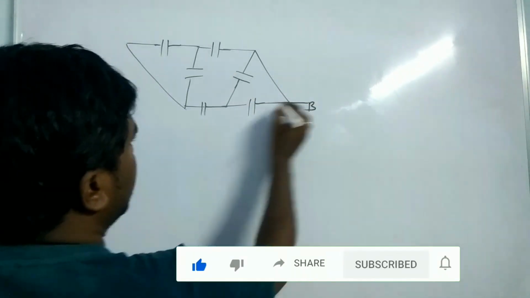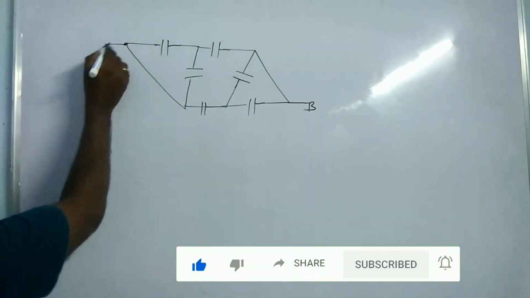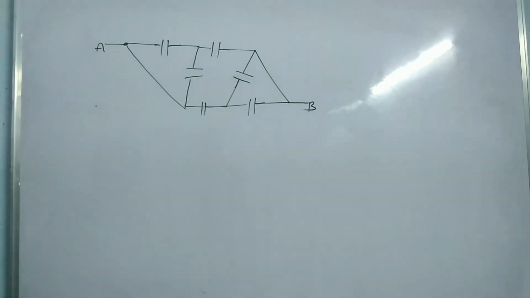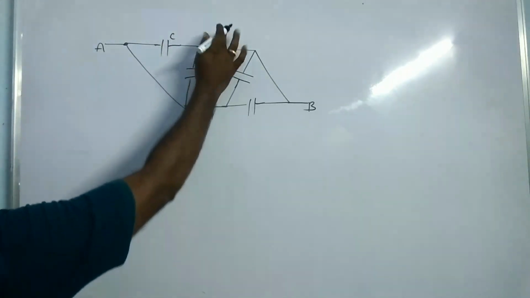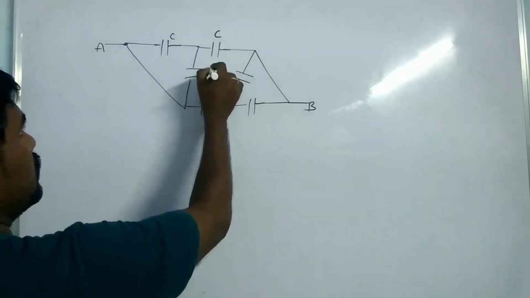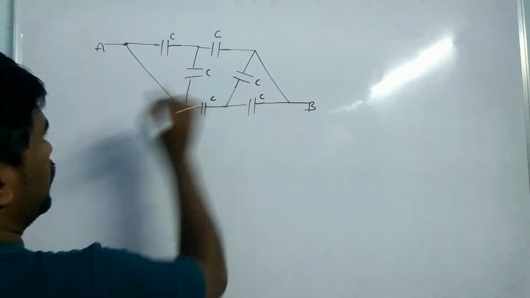So this is point B and this is point A. Find the equivalent capacitance between A and B. Each capacitance is having C.